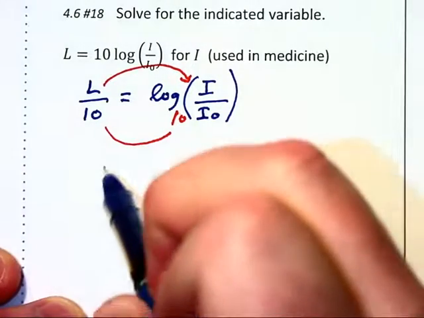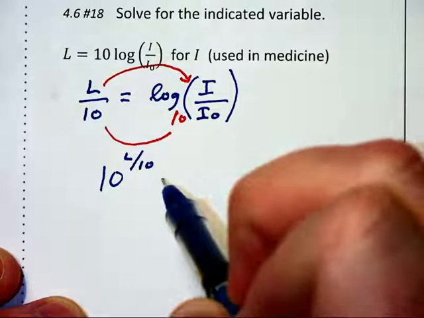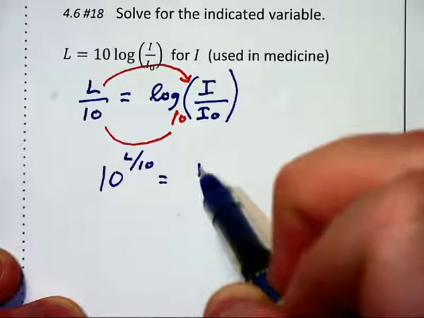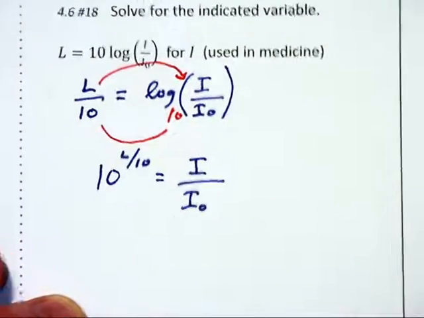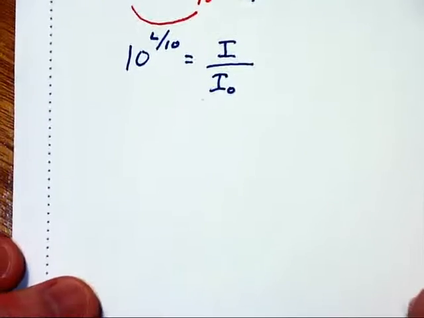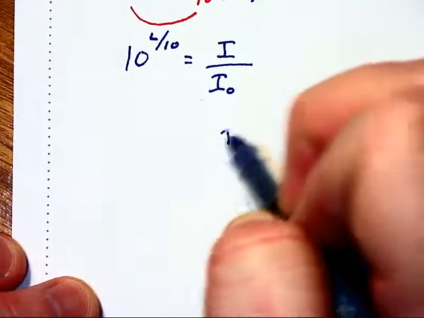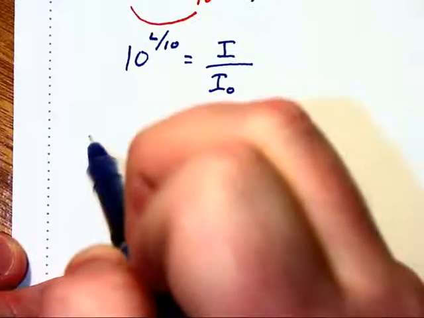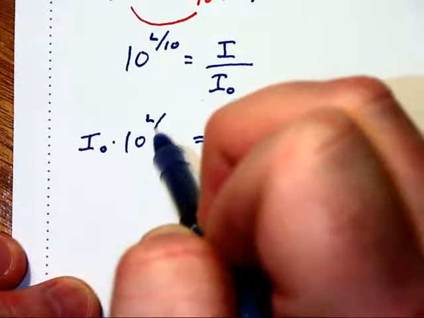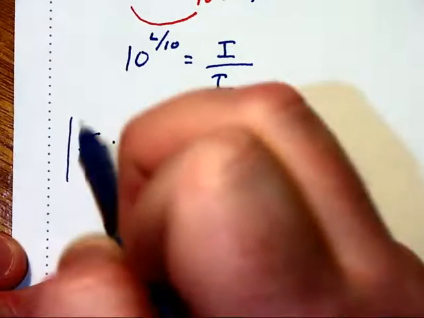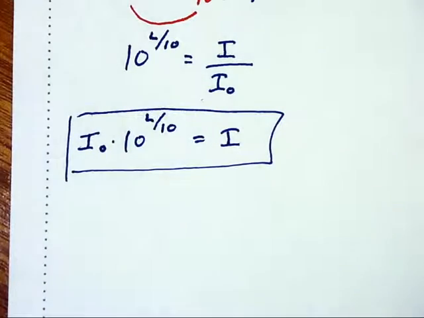We now have 10 raised to the L tenths power is equal to I over I sub 0. Now we're solving for I, and so if we just multiply to get rid of that fraction, we're pretty much good. I is equal to I sub 0 times 10 to the L over 10 power. And that becomes our solution to this literal equation.